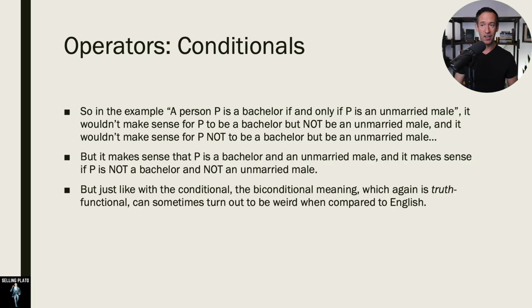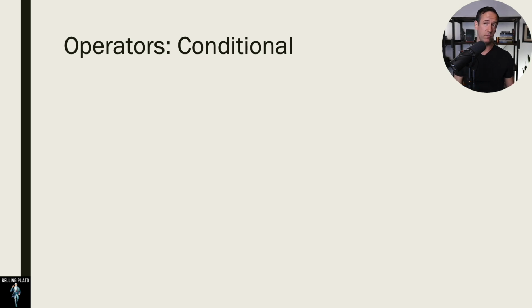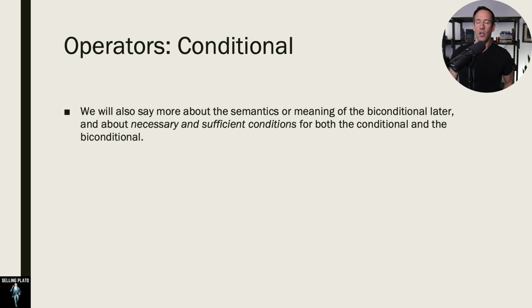But just like with the conditional, the biconditional's meaning, which again is truth functional, depends on the truth values of its parts. It can sometimes turn out to be weird when compared to English as well. So we're going to say more about the semantics, or meaning, or the interpretation of the biconditional later.